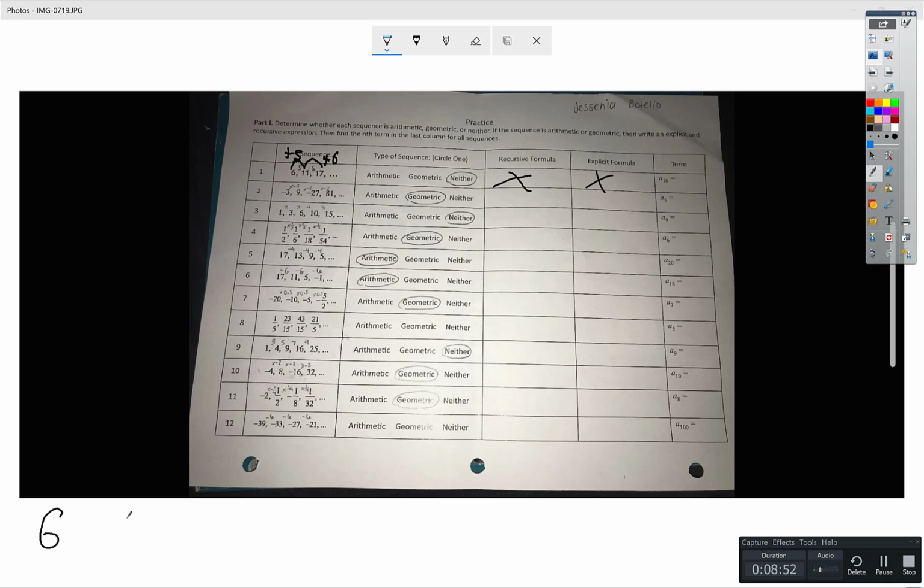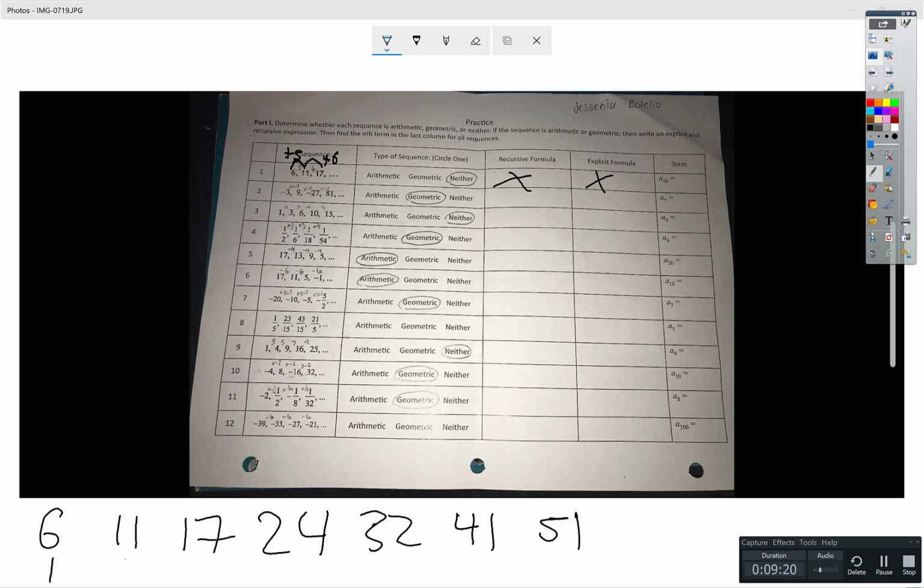So let's write this out. We have 6 plus 5 is 11, plus 6 is 17, plus 7 is 24, plus 8 is 32, plus 9 is 41, plus 10 is 51.